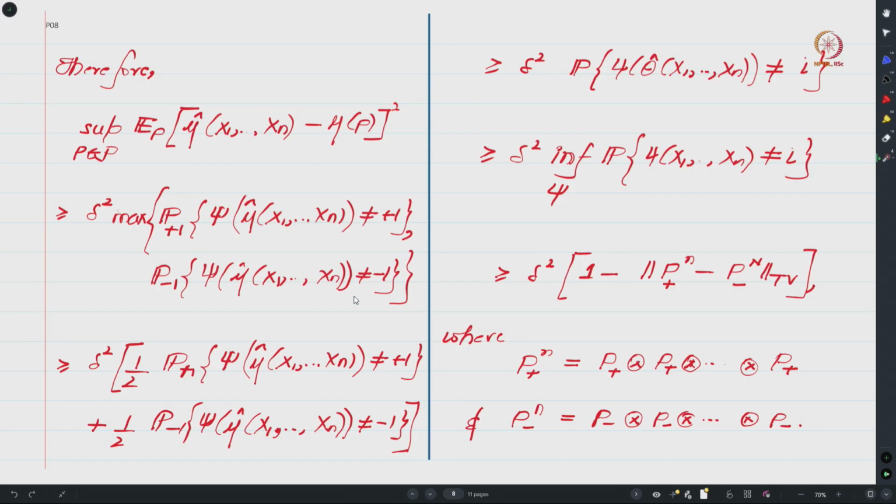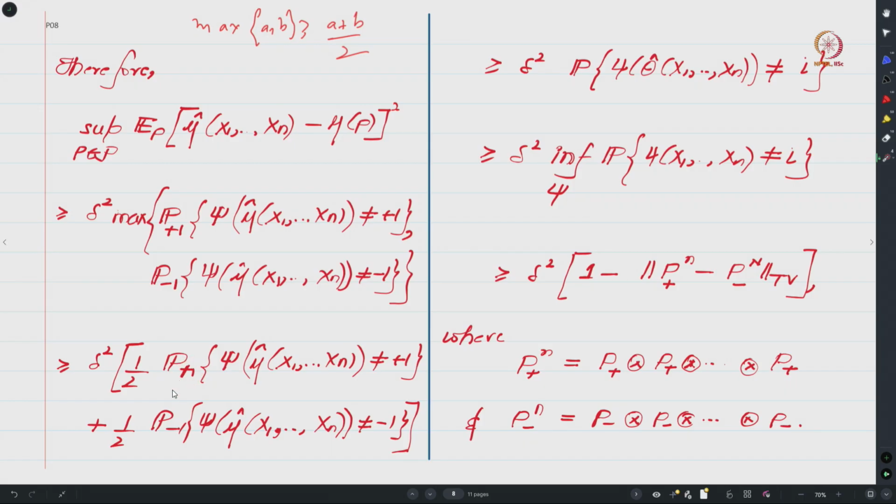For example, the max of two quantities is always lower bounded by the average. So all I am saying is that the max of any two numbers a and b is lower bounded by a plus b over 2. So by using this simple fact one can say that the max of these two quantities is lower bounded by half times their sum, and now you can interpret this half as the probability of choosing the underlying distribution.